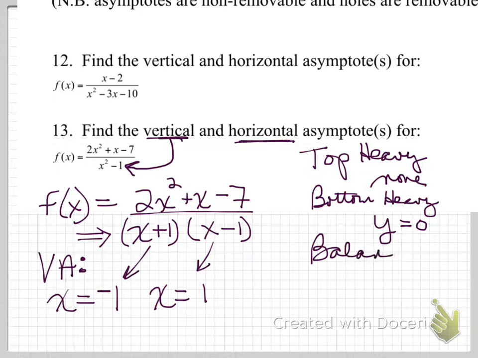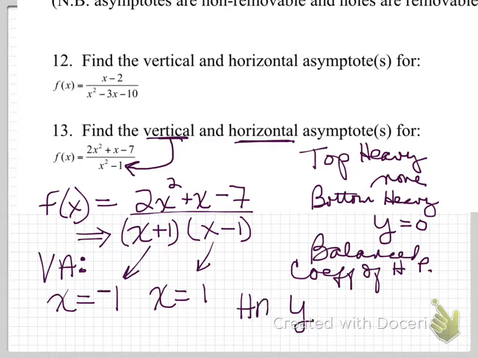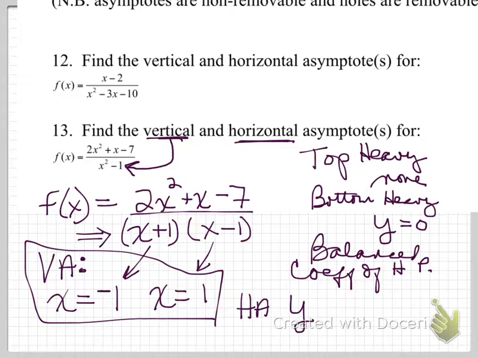Here I have a squared on the top as my highest power, and squared on the bottom as my highest, so that's balanced. Then you take the coefficient of the highest power. In this case, my horizontal asymptote, which I have to report as a line, is y equals 2 over 1, so we can just say y equals 2.